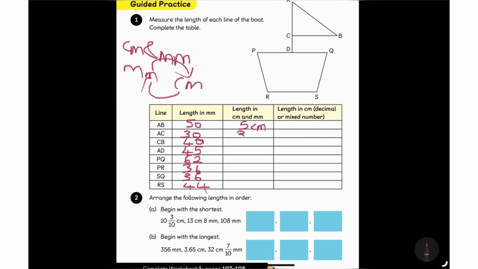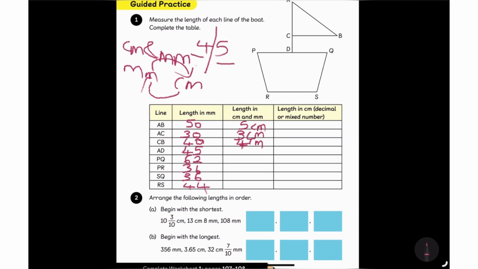All right. Then now I have my 45, which has to be into centimeter and millimeter. Therefore, I will take my 45 and just split it from middle. So when I split, this becomes centimeter and this becomes millimeter. Therefore, 4 centimeters and 5 millimeters. Again here I will split.